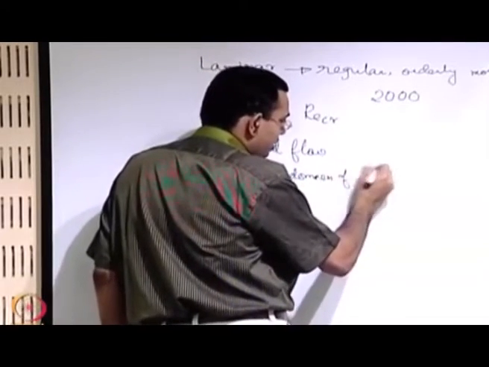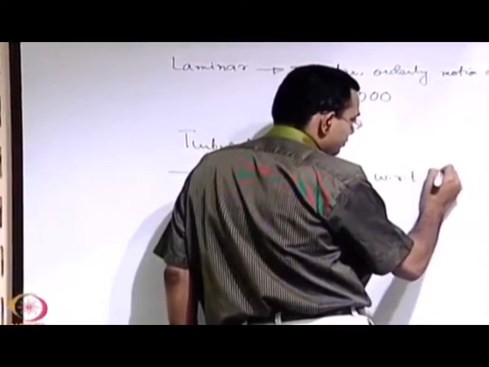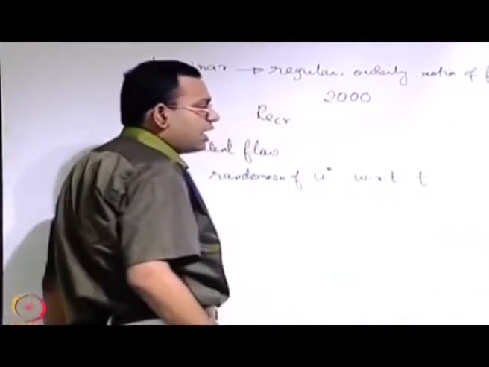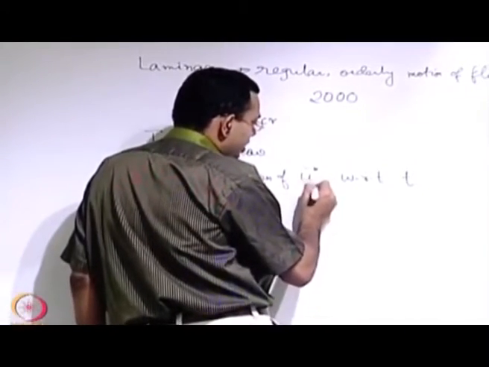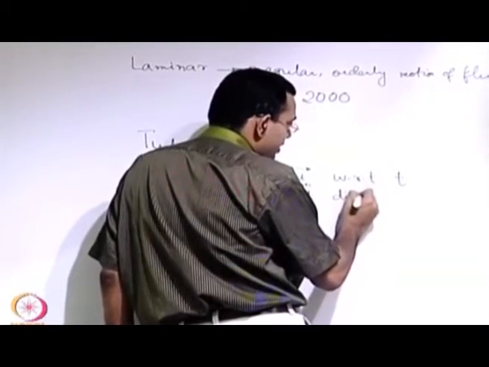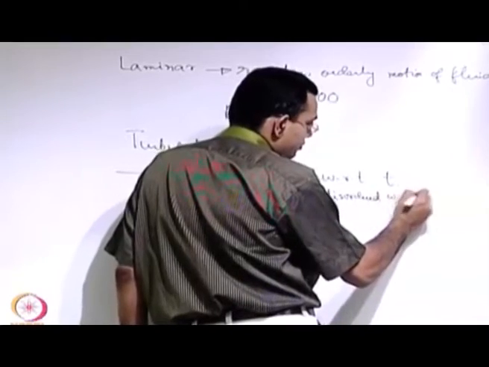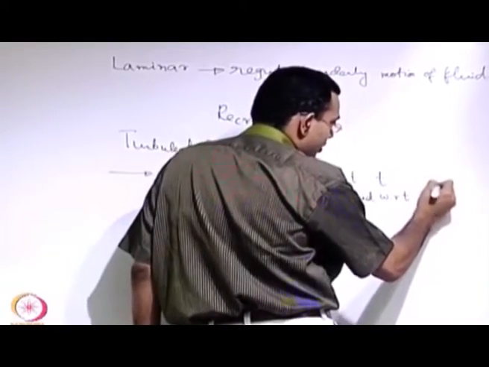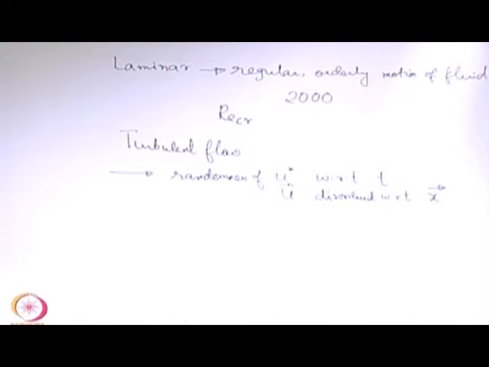Let us say u is the velocity with respect to time, and not only that, this velocity is also disordered with respect to space. Say if we call this position vector x, it is also disordered with respect to space.